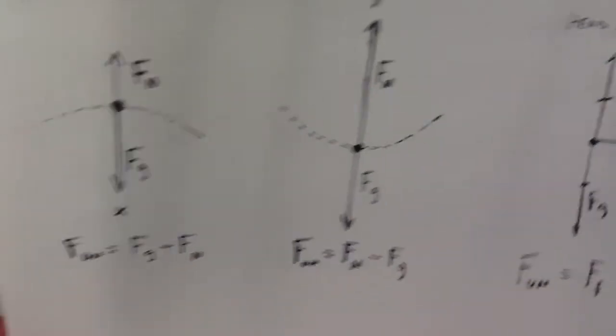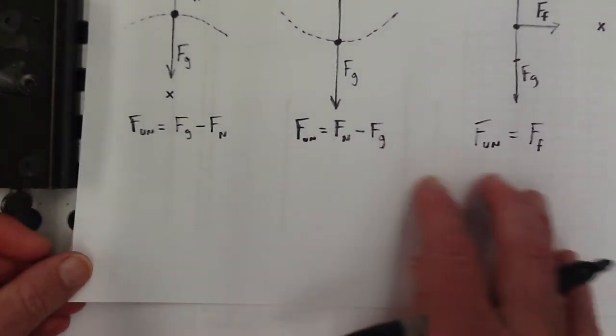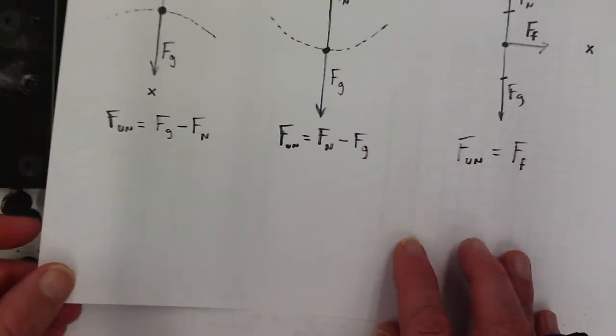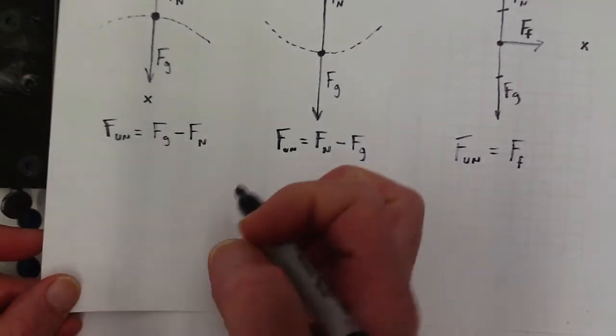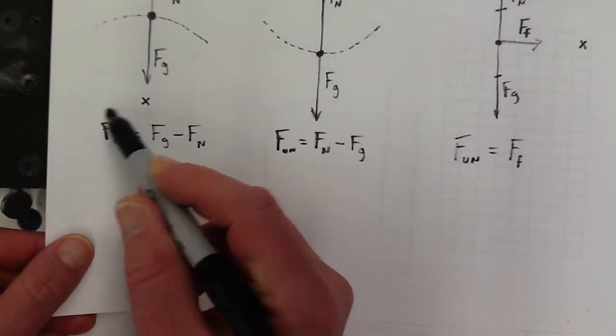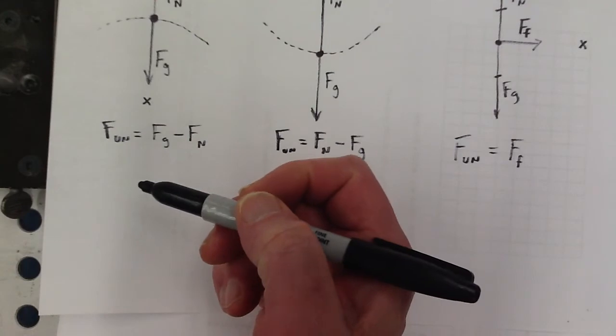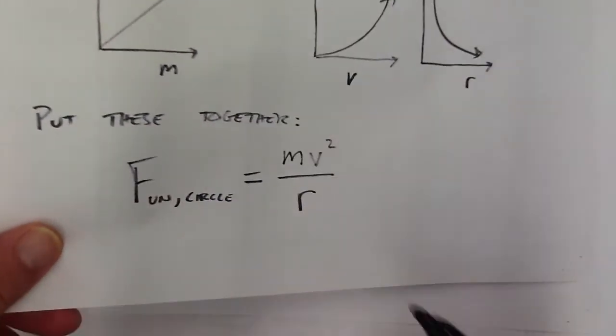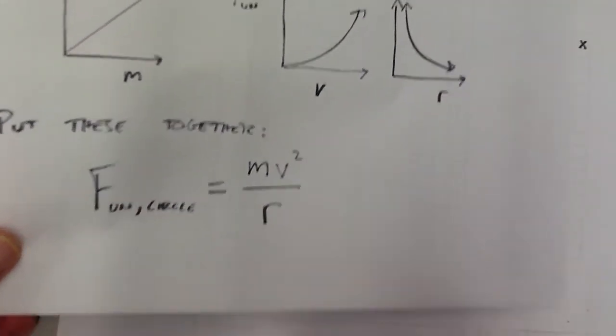Okay, so in each of these examples, if we had some numbers, we would go ahead and replace the unbalanced force here, since we're doing circular motion, with mv squared over r.